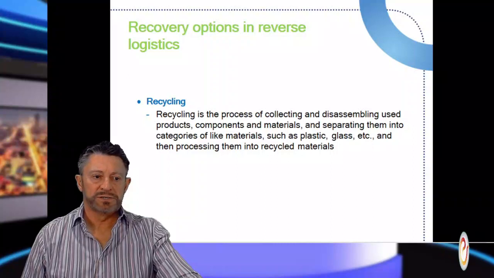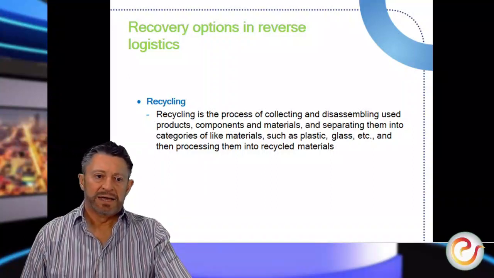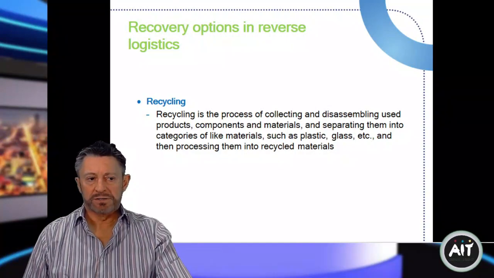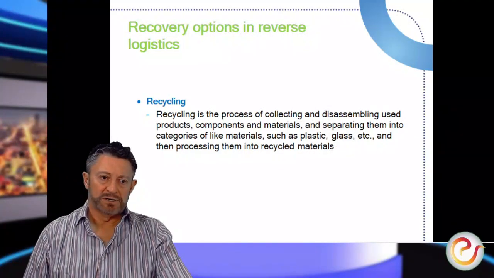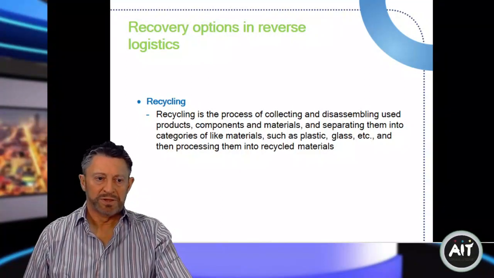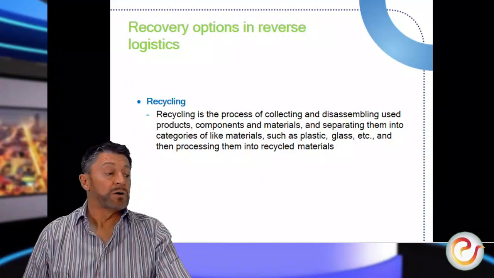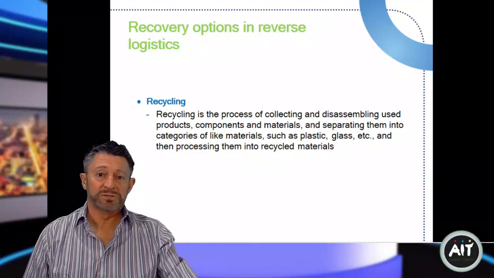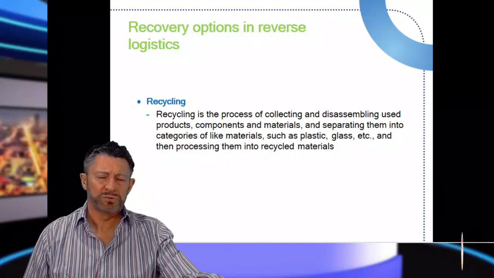And then of course the recycling process of collecting and disassembling used products, components and materials and separating them into categories like materials such as plastic, glass, etc., and then processing them into recycled materials. And that's what we have in the likes of Thornton and what are these other waste disposal places. So you have your different bins. So you do have your products broken out into that pure recycling.